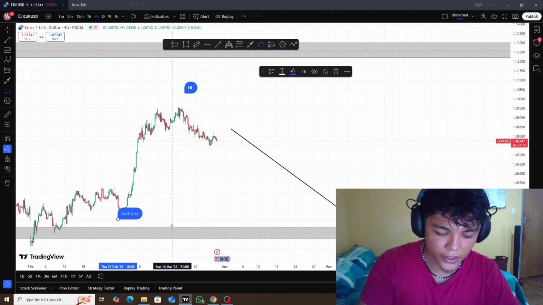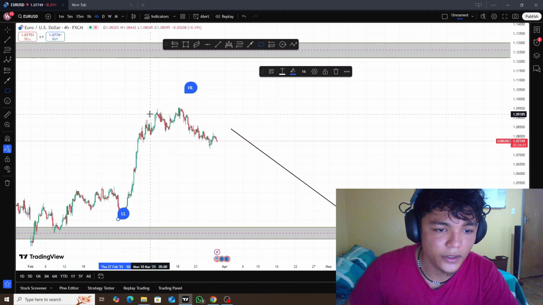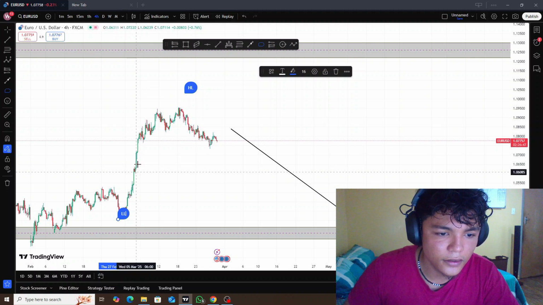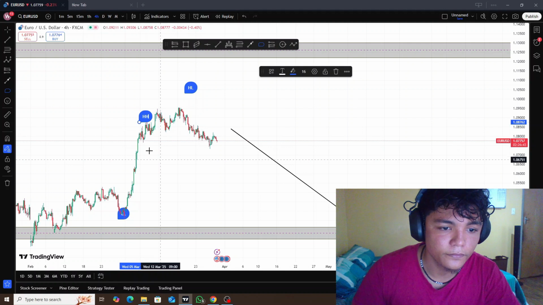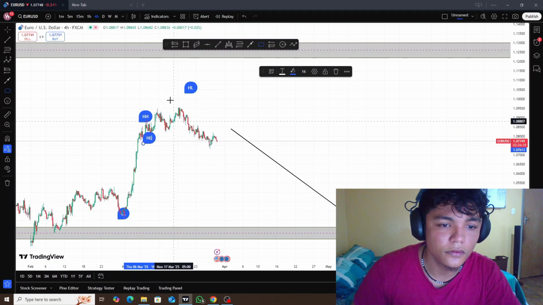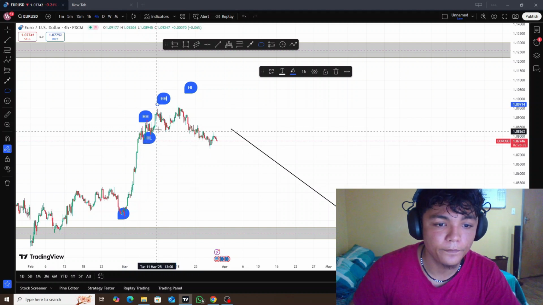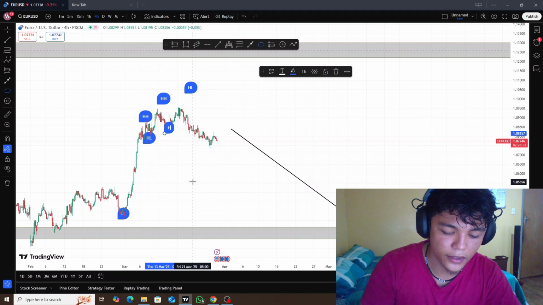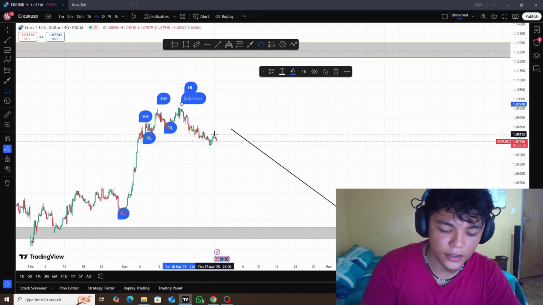So this would be my lower low. Just leave this area. Let's see. This would be my higher high. This would be my higher low. This would be my higher high. This would be my higher low. This would be my higher high.